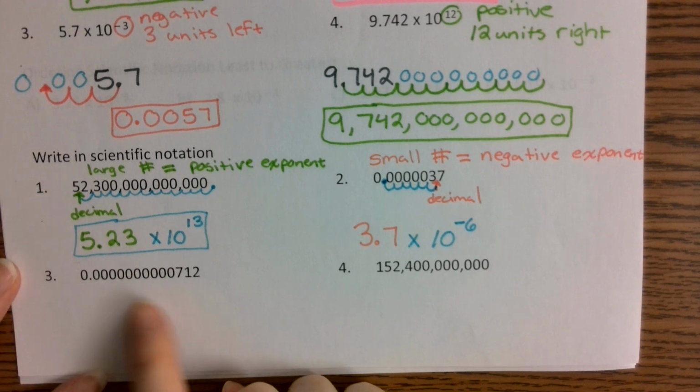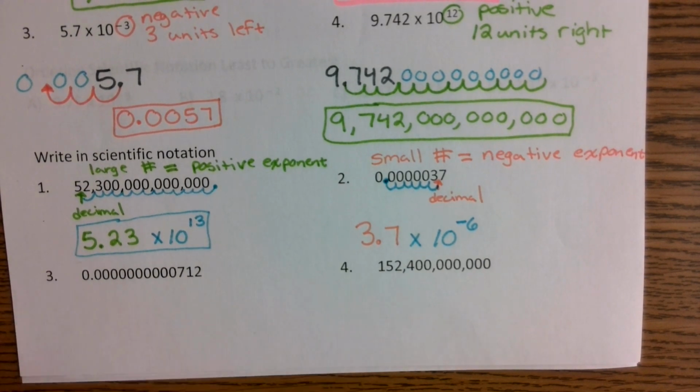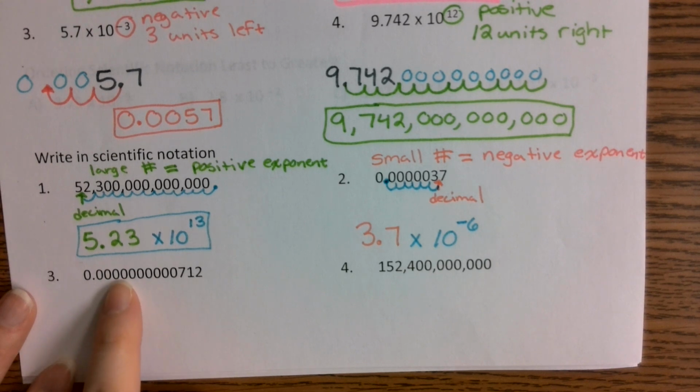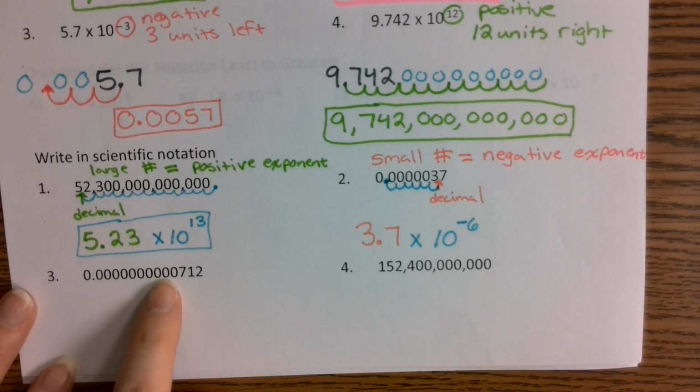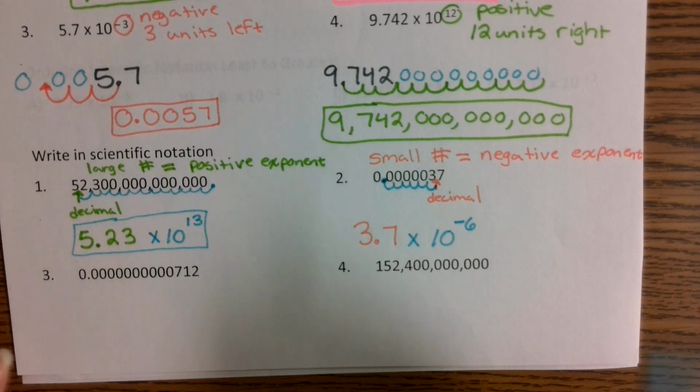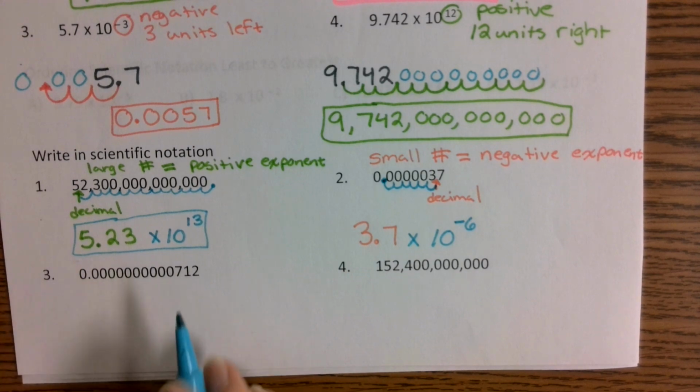All right, let's go ahead and go over this one for problem number 3. You can tell me what it's going to be. Armando? 7.12 times 10 negative 11. Okay, so let's take a look. 7.12 times 10 to the negative 11th power. So again, this is a small value.